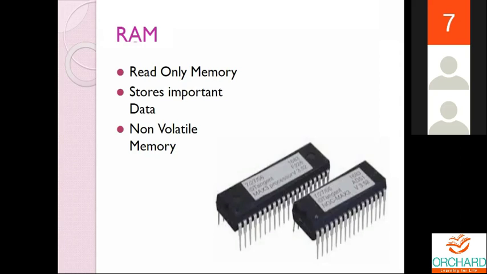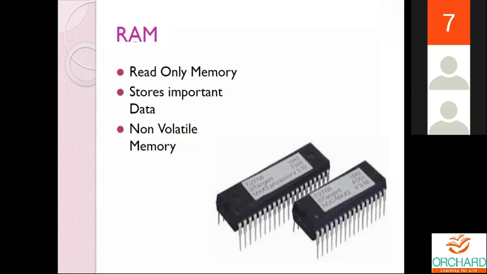Okay, it is a non-volatile memory because even after you turn off your computer or the power goes off, the content of the ROM will not be lost. So this is the main difference between RAM and ROM. RAM is a volatile memory while ROM is a non-volatile memory. When you turn off, the data will be lost.